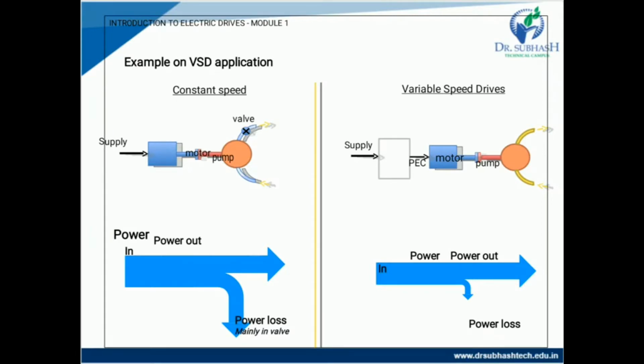Whatever power we give in, there is a huge amount of power loss, mainly in the valve. But in a variable speed drive, the supply is given to the power electronic circuit, then to the motor and to the pump. So whatever power is given, maximum power output can be achieved, and power loss will be very little as compared to constant speed.